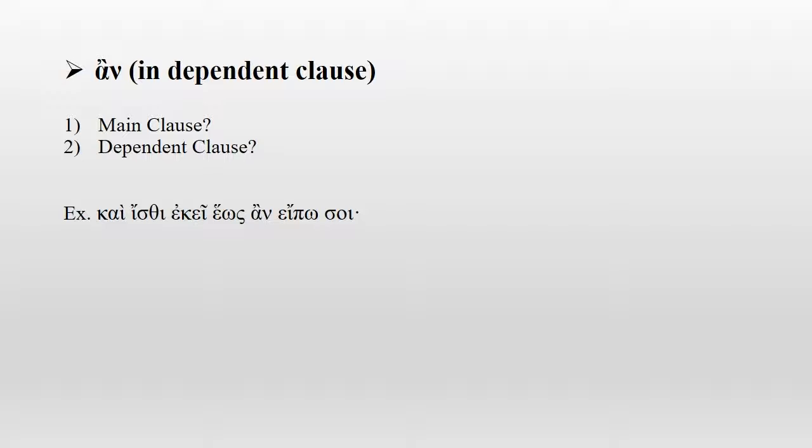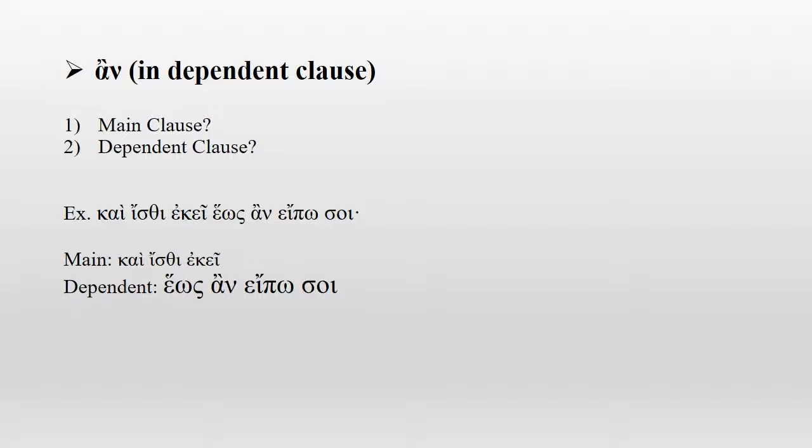So what is the main clause, and what is the main sentence? Of course, it's kai isti ekei, and go there. Until I tell you cannot stand by itself, so it's a dependent clause, right? The an is located in between, eos an, until I tell you. Now we have identified this an is in the dependent clause.